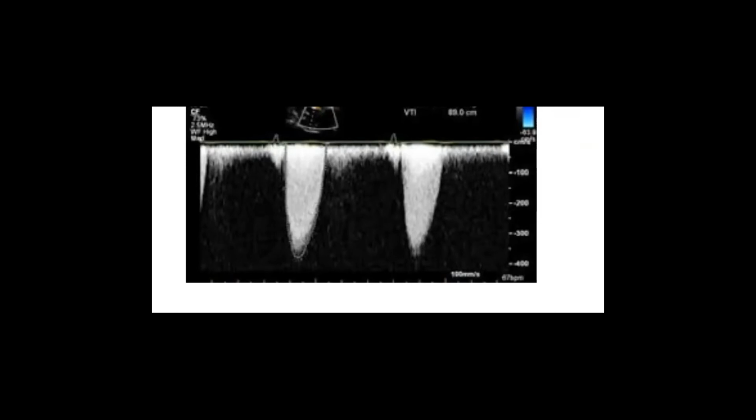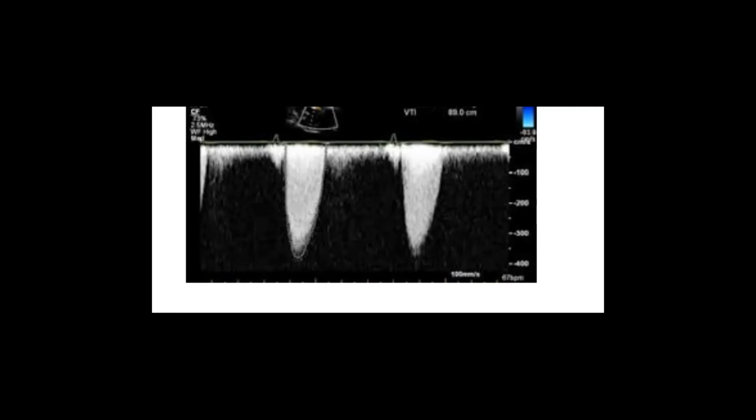You are going to choose the peak velocity and convert it into pressure by 4V squared, right? Done. How do I get the mean? I will trace the envelope. Exactly, by tracing the velocity drop.